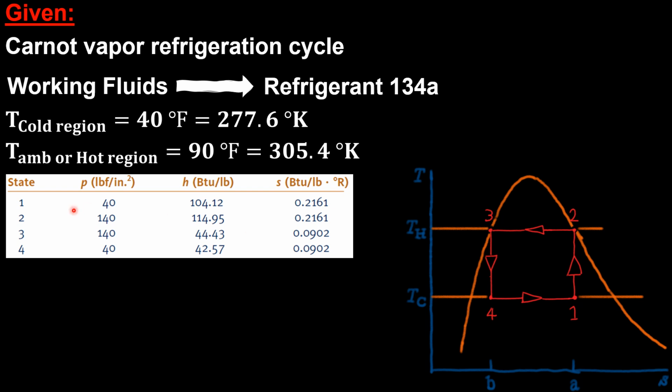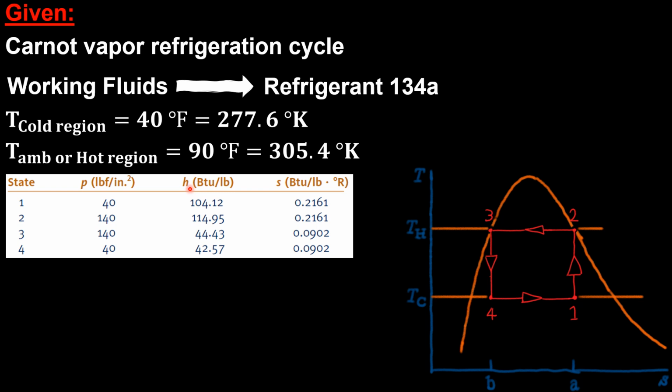And as you can see in here, from state 1 to state 2, at state 1 the pressure is 40 pound-force per square inch, and this is specific enthalpy. And remember, what is enthalpy? Enthalpy is the internal energy, and remember, internal energy is affected by change in temperature.